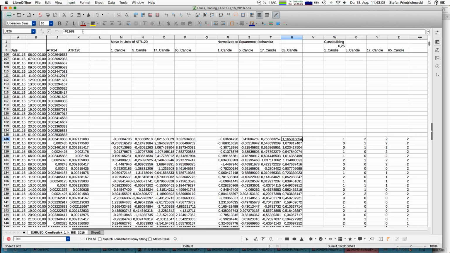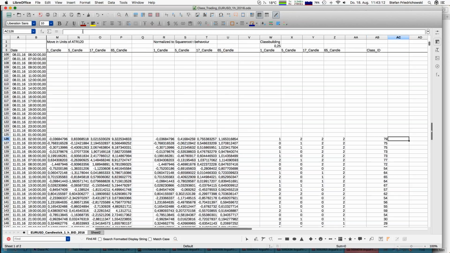And then I can build up my classes. Classes now means I assign to those normalized movements only a number which has the values 0, 1, and 2, nothing else.